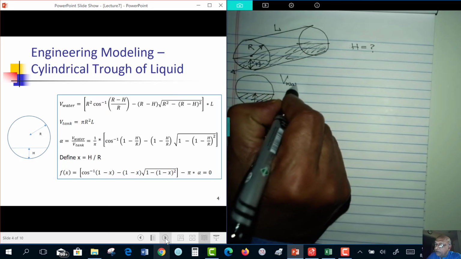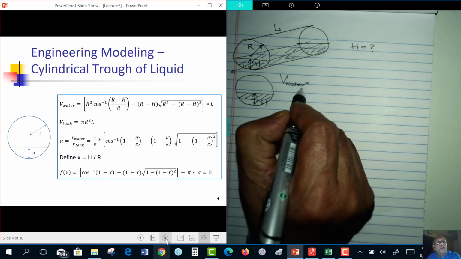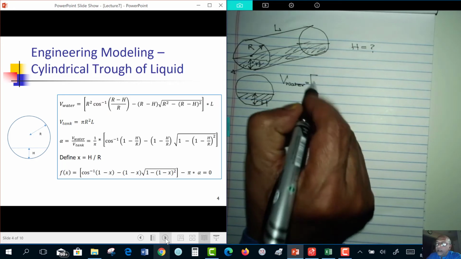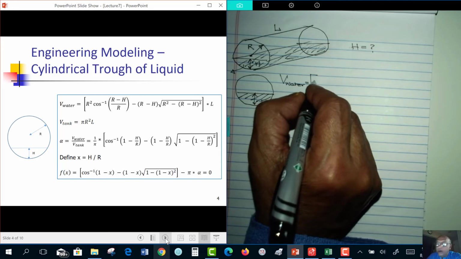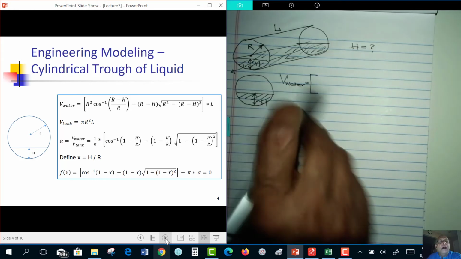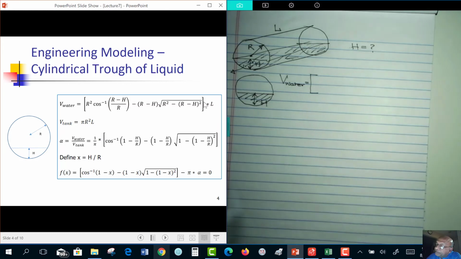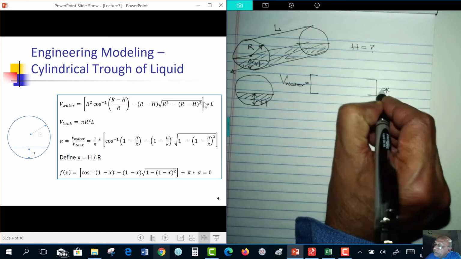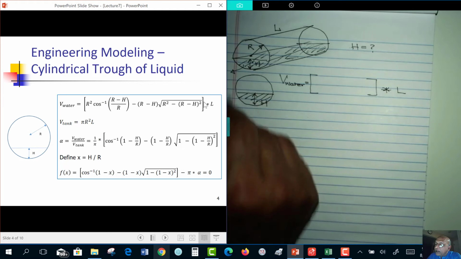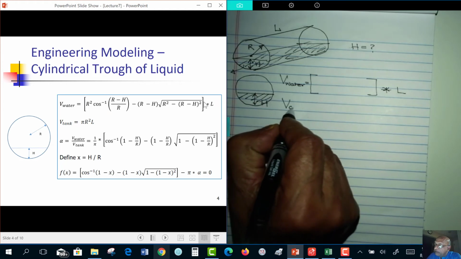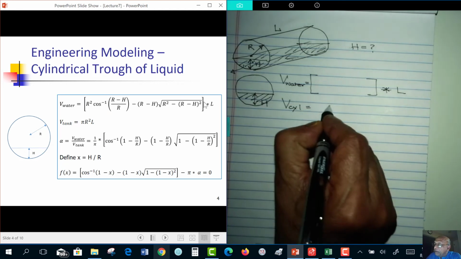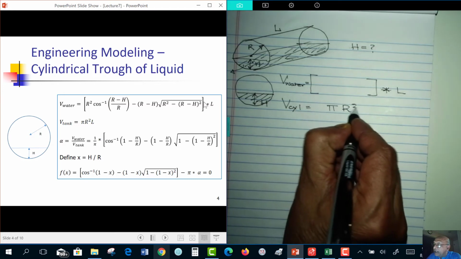So it turns out, if you look up handbooks or you try to derive it yourself, you will find out that the volume of water is a function of R and H to find the area. So it is this whole equation that I'm not going to repeat on the paper times L. And then if you look at the volume of the cylinder, it'll be pi r square, that's the entire area, times L.